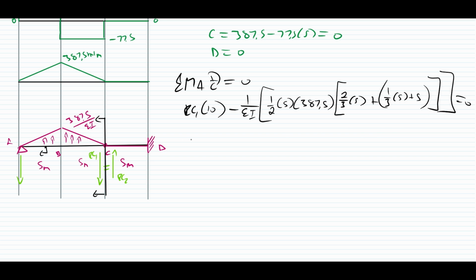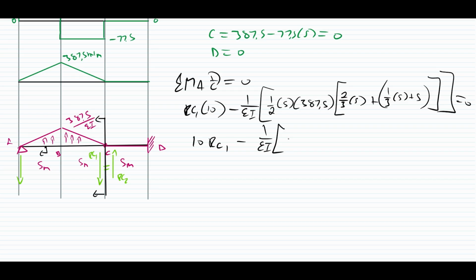It equals 0. So you have 10 RC1 minus 1 over EI, open bracket, 1 over 2 times 5 times 387.5, open big bracket, 2 over 3 times 5, put double brackets here, plus 1 over 3 times 5 plus 5, close bracket.